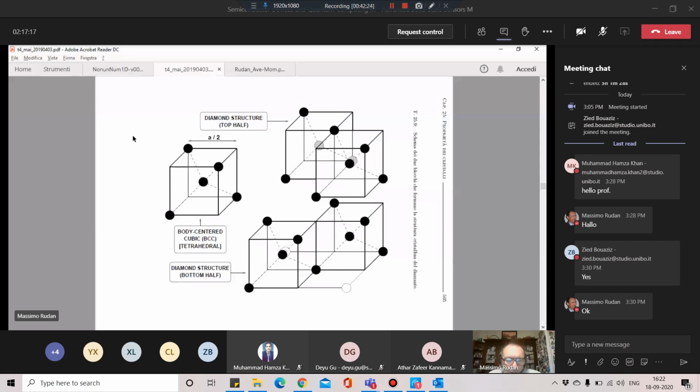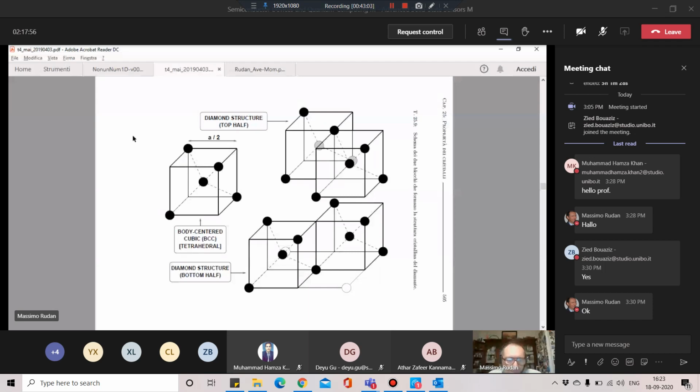When you have a cubic structure in which you have some atoms at the vertices and 1 other atom in the center, this structure is called body-centered cubic structure, BCC. But if you look closely, you see that essentially the form of the positions of these atoms is that of a tetrahedron.